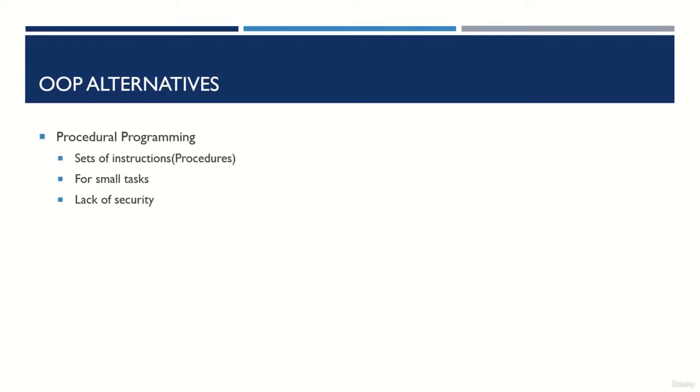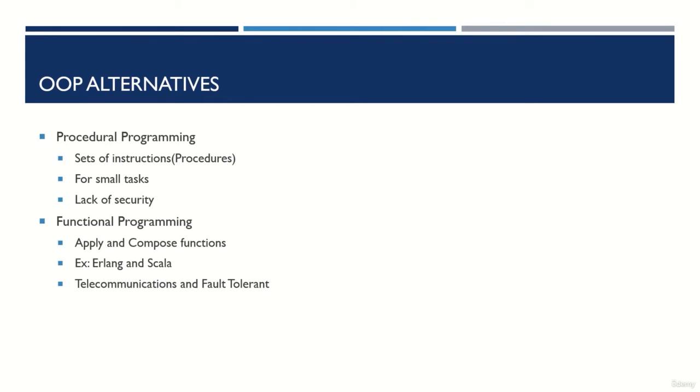The second alternative to object-oriented programming is functional programming. Functional programming also is a computer model or a programming paradigm where programs and software are constructed by applying and composing functions.